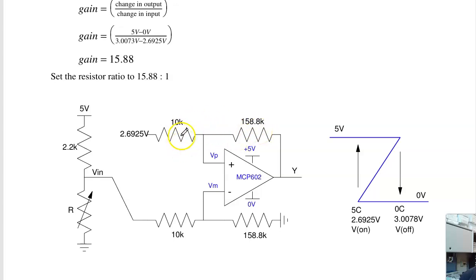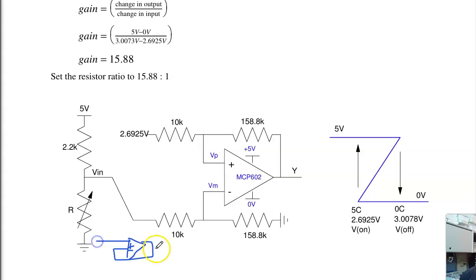Make this ratio 15.88 to 1, and make it large. What's happening is that this is actually in parallel with R. R is about 1K. 1K in parallel with 250K is still about 1K, a little bit off. So these points will be a little bit off. If I want to split hairs, I could add a buffer. That's this circuit.